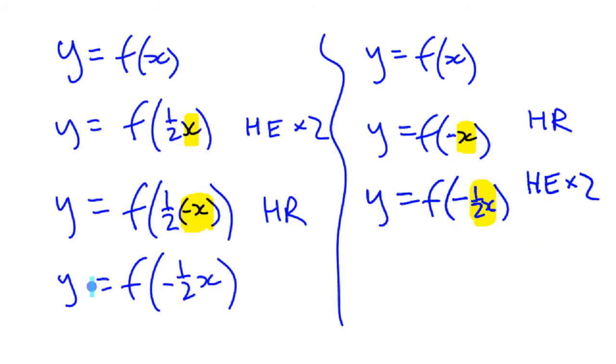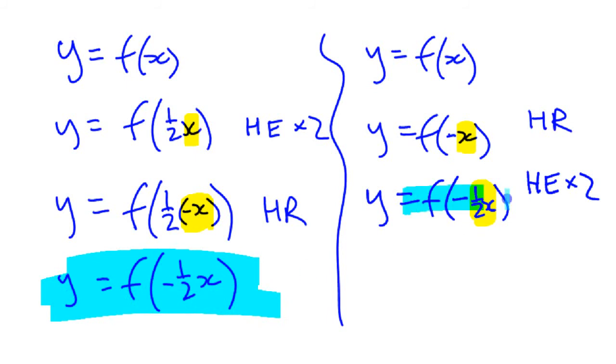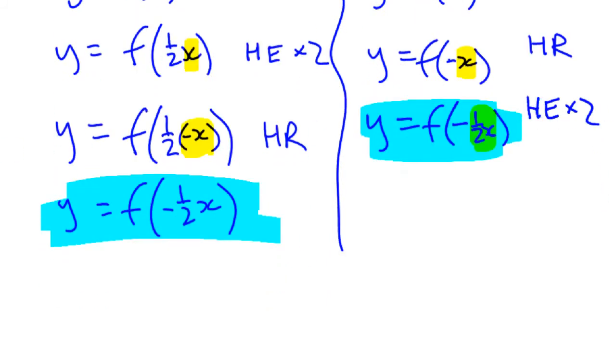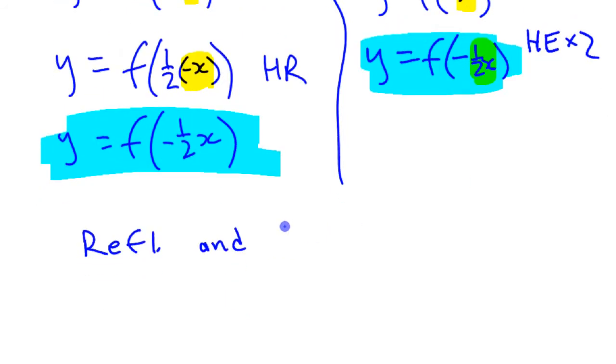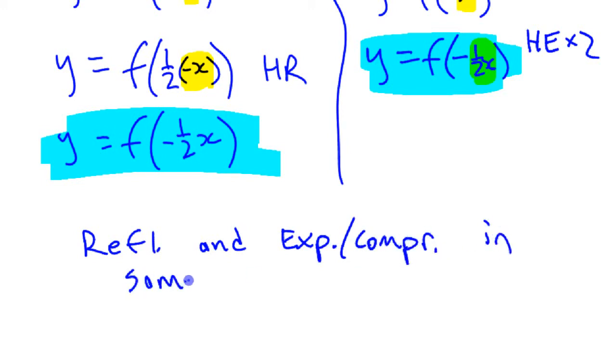These are the same. That's the same as that. So the order doesn't matter there either. This was reflection and a stretch, or in other words, expansion, compression, in the same direction.